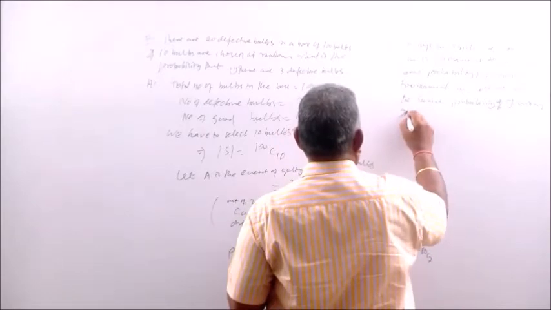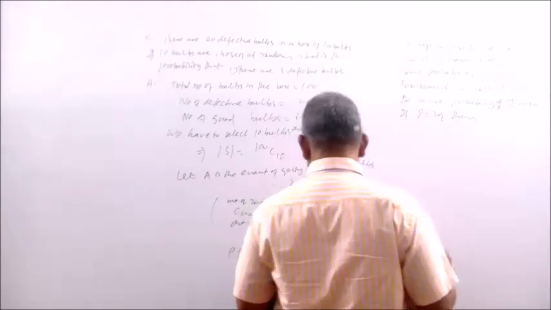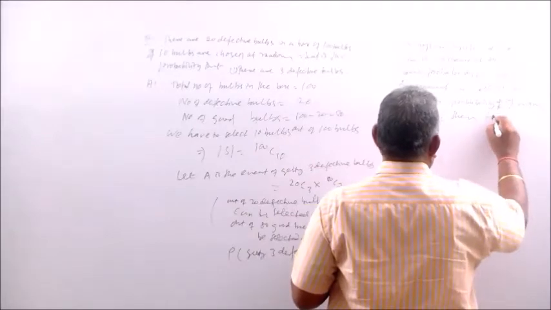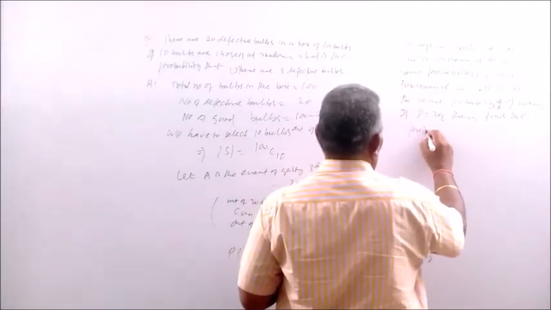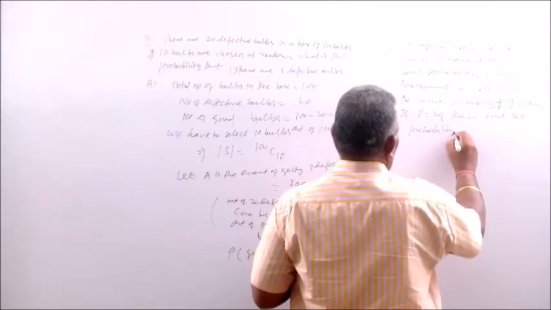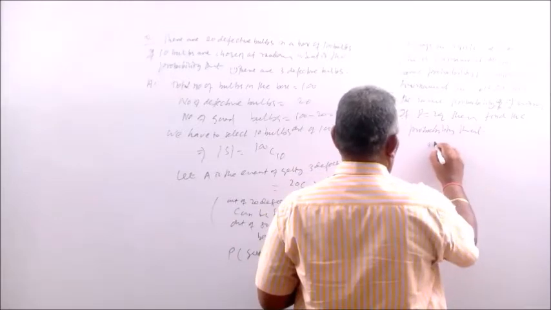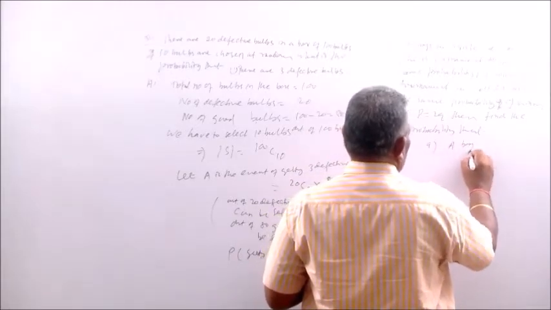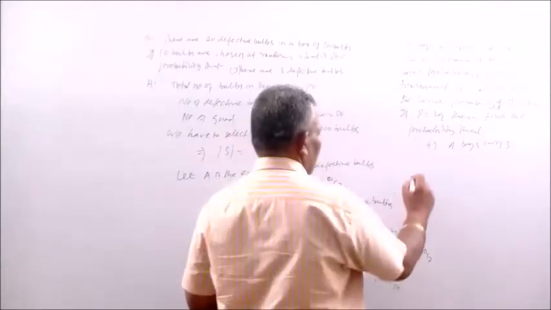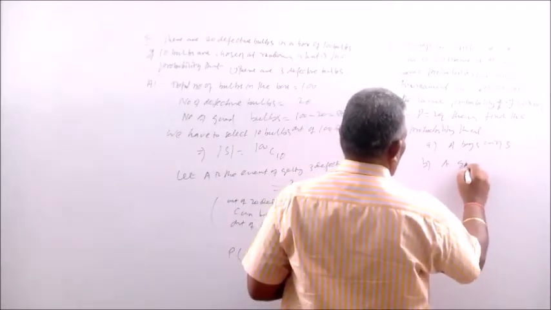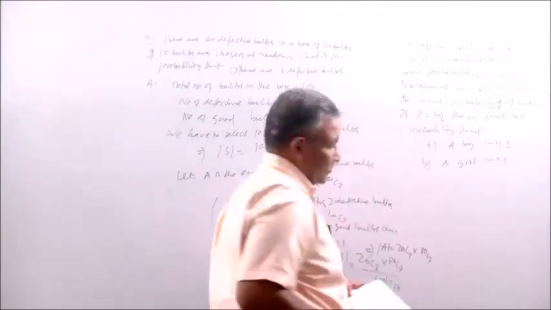If P equals 2Q, then find the probability that a boy wins. Here wins means wins the tournament. A girl wins.